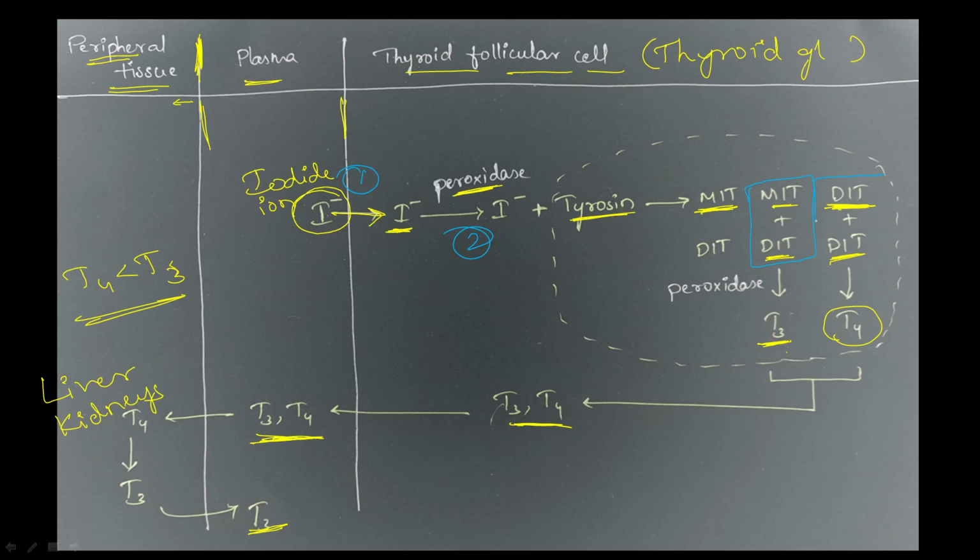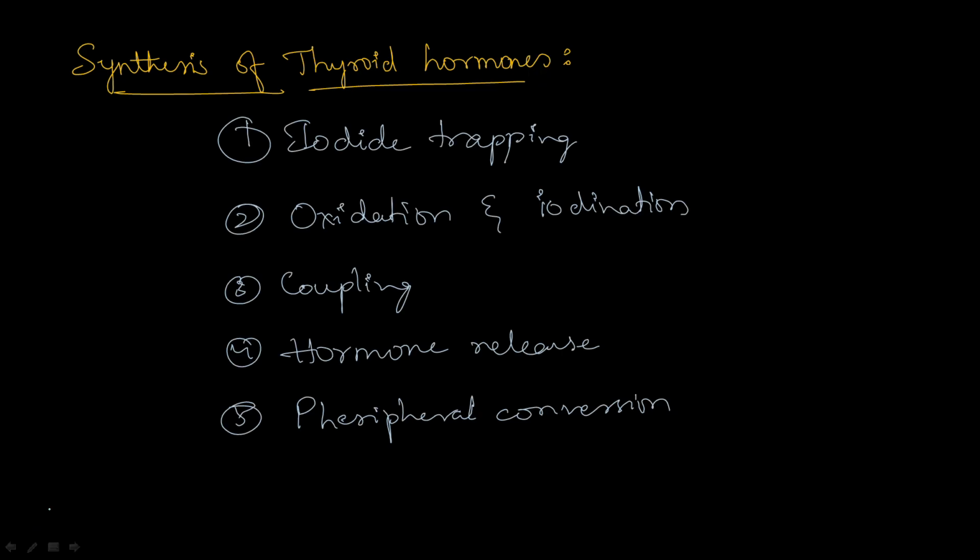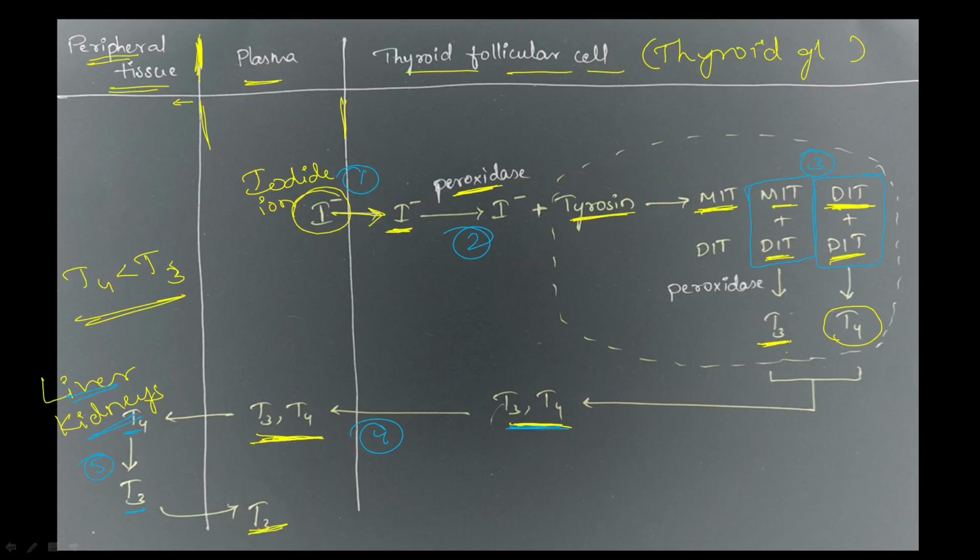Two molecules of DIT couple and form T4. This is step 3, that is coupling. And the hormones T3 and T4 are released into the plasma, that is step 4. And in the peripheral tissue, that is in liver and kidneys, the T4 gets converted into T3. This is step 5. Okay, so these are the steps involved in thyroid hormone synthesis. Got it? The first one is iodide trapping, then oxidation, coupling, hormone release, and peripheral conversion.